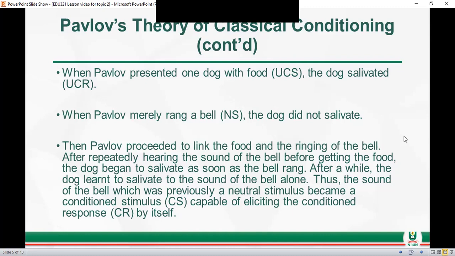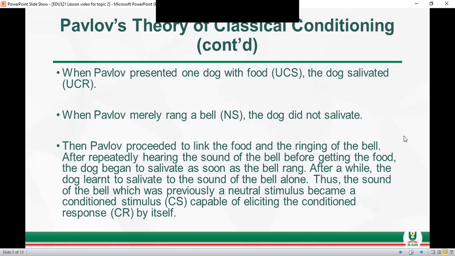It's a reflex action. When you are hungry and you see the sight of a delicious food, the likelihood is that your mouth will start watering. It's a natural reflex. There is no learning involved here. It just occurs naturally.